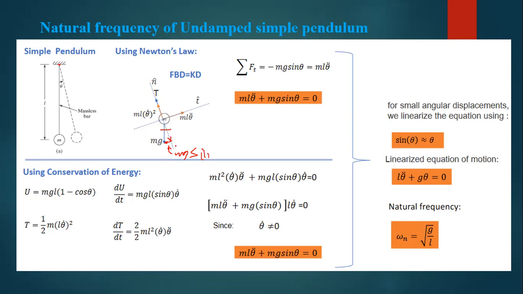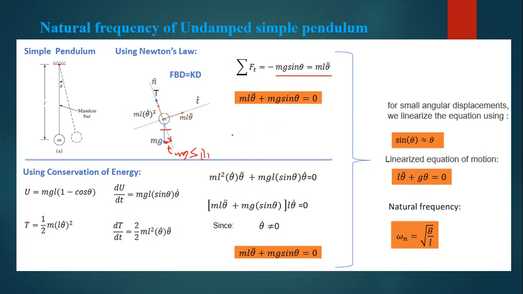And the one in the direction opposite to the normal is mg cos theta. So let's take mg sin theta, which is equal to m l theta double dot. Assigning these two terms, we can get this equation.